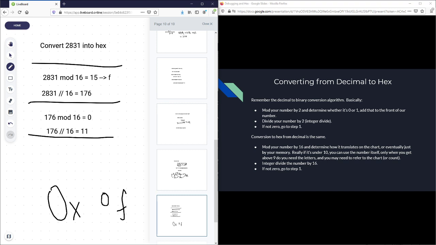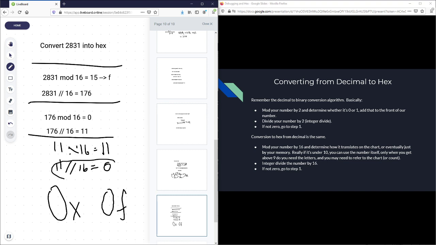So we get a 0 here. Let's make that 0 a little bit bigger. And so then finally, 11 mod 16 is just equal to 11. And 11 integer divided by 16 is 0.